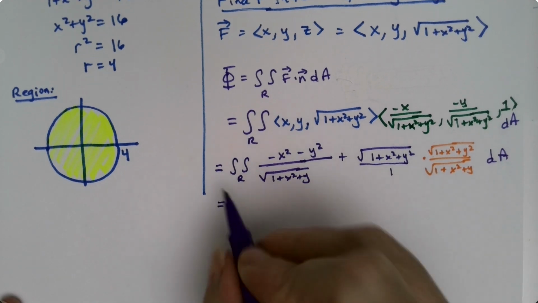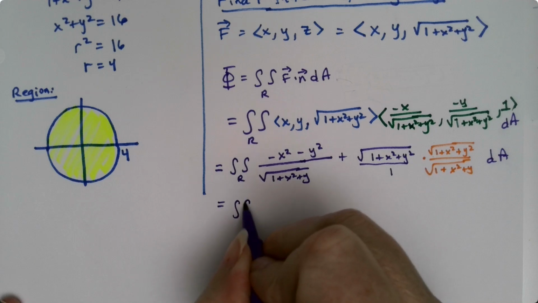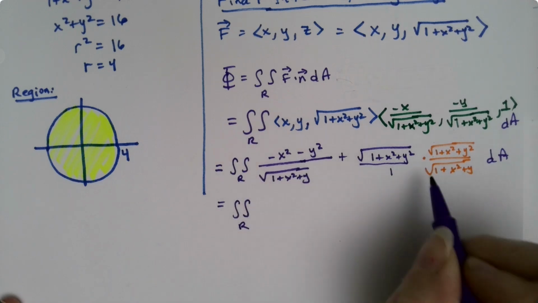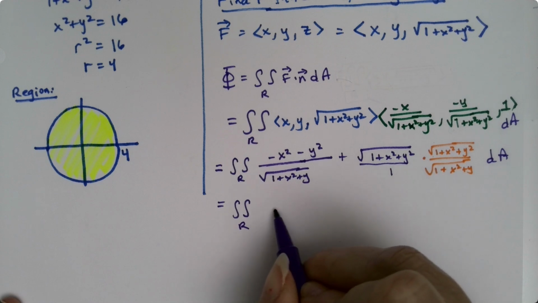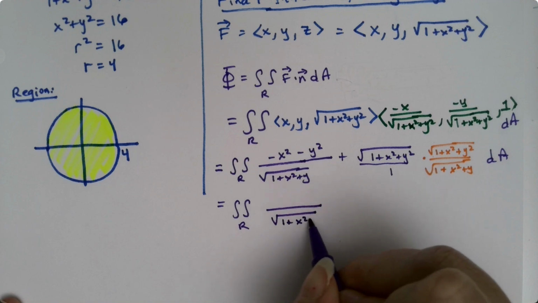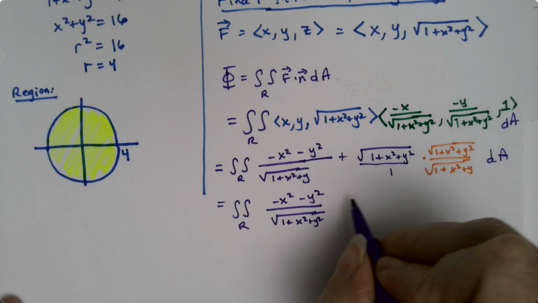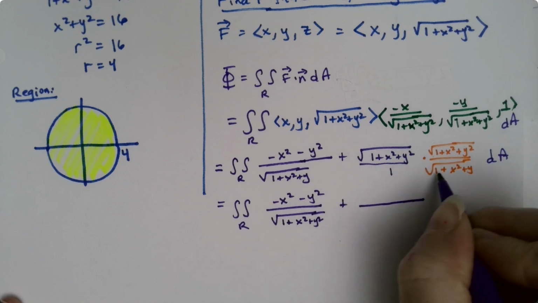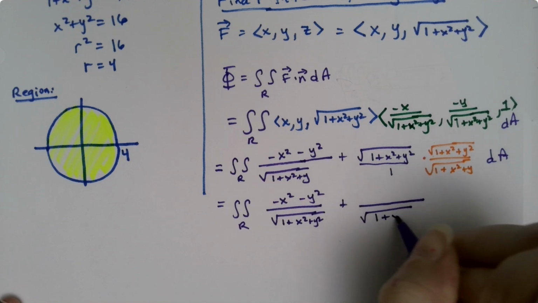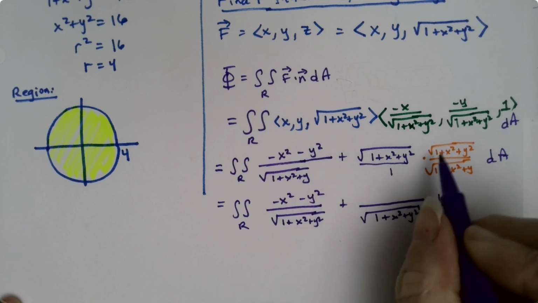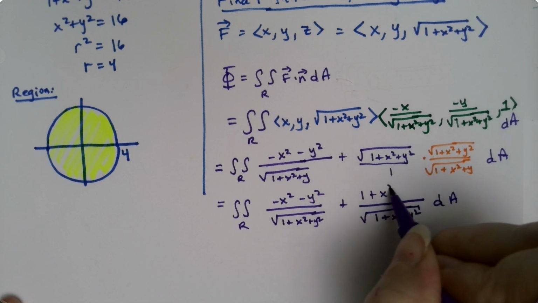All right, so then that would be the double integral of, okay, what's going to happen here? The denominators will both be the square root of 1 plus x squared plus y squared. This will be negative x squared minus y squared plus, and then over here I'm going to have the square root of 1 plus x squared plus y squared times the square root of 1 plus x squared plus y squared, which is 1 plus x squared plus y squared.